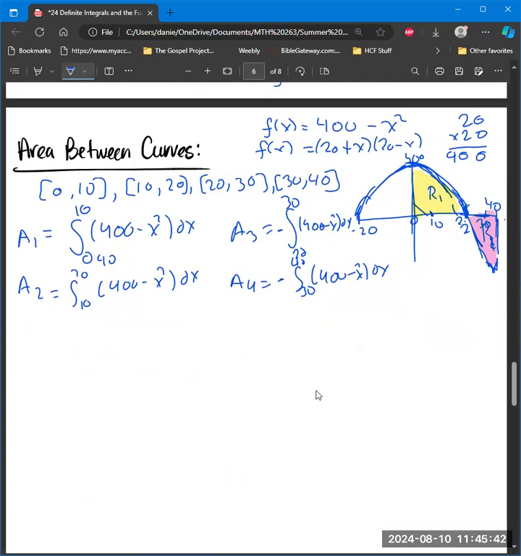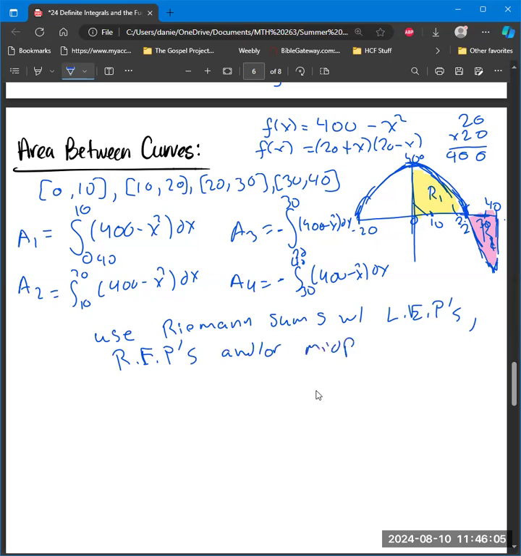So we would use Riemann sums with left endpoints, right endpoints, and/or midpoints to give approximate net area.